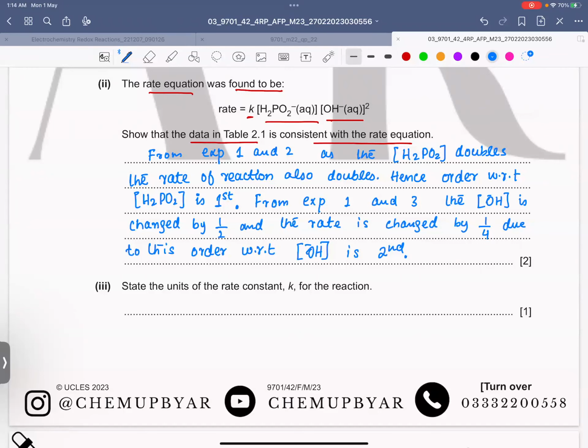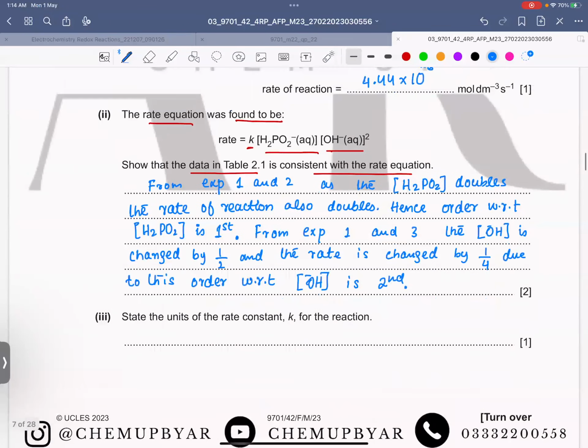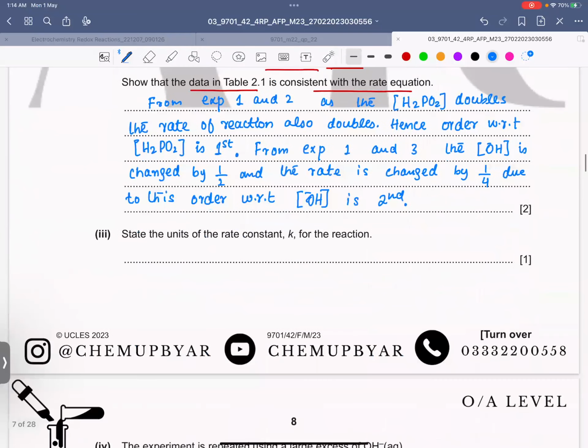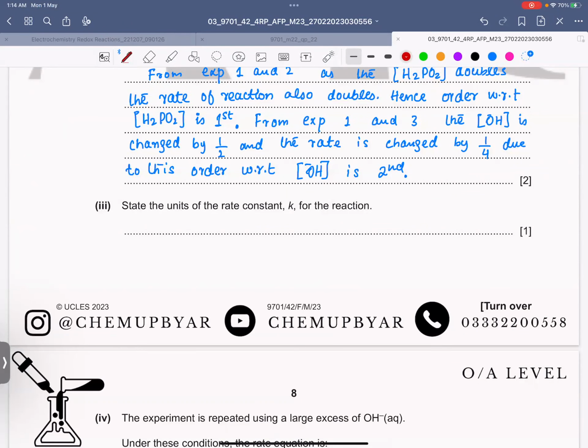Sir, please repeat the OH part. Okay. When we are figuring out the order with respect to OH, we already knew the order with respect to H2PO2, right? Yes. Okay.